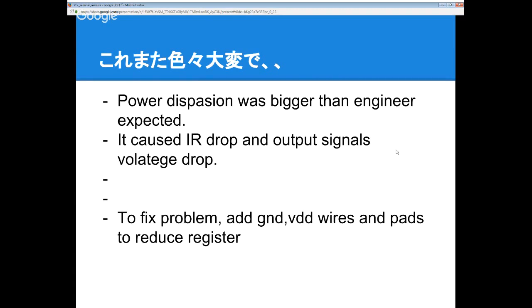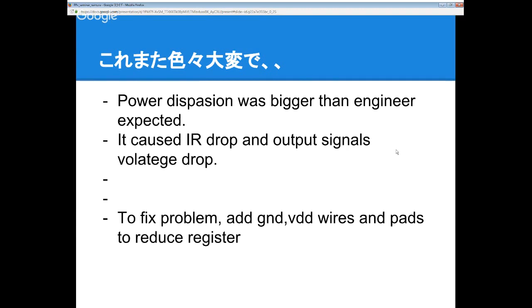And that causes IR drop in the chip. The wasted power means we need a bigger current from VDD to ground. That causes IR drop, the voltage going down because of the resistance of the VDD plate.